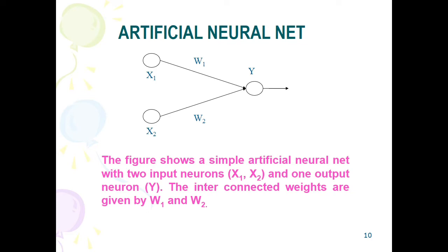This is the basic structure of an artificial neural network. The output y depends upon the inputs and the weights. Here x1 and x2 are the two input neurons, so this is calculated for two input neurons and one output neuron. The output is one, which is y, and the interconnected weights are given by w1 and w2.